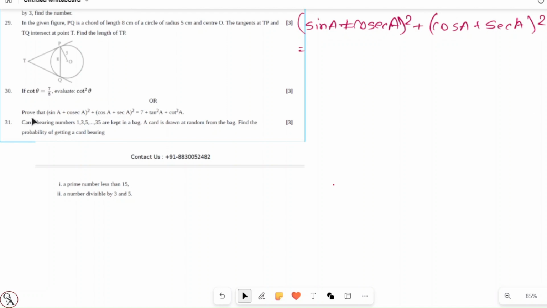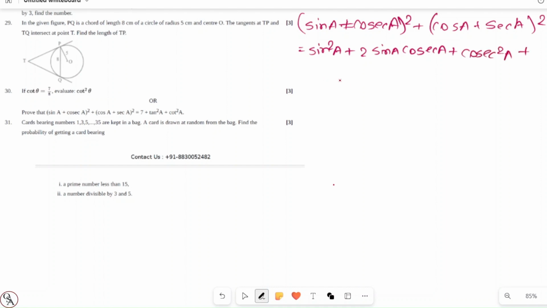We have to prove that (sin A plus cosec A) whole square plus (cos A plus sec A) whole square is equal to 7 plus tan square A plus cot square A. We will use the identity (A plus B) whole square, which is nothing but A square plus 2 into A into B plus B square.